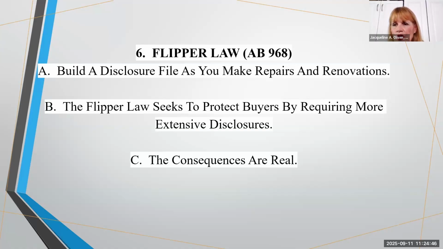A lot of times it's a general contractor and they may have subcontractors, but there are significant consequences if they don't. The law was put in place because there were a lot of people buying properties, fixing them up, and what we call in the business putting lipstick on a pig. It's still a pig. Some of these properties were absolutely horrible, so we don't want to have that problem.